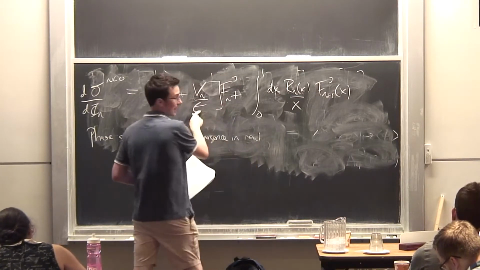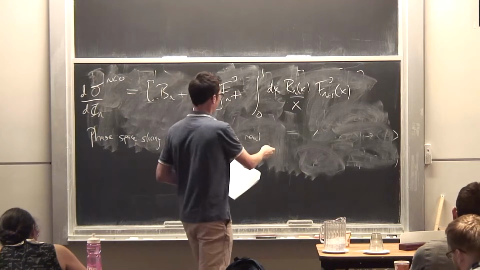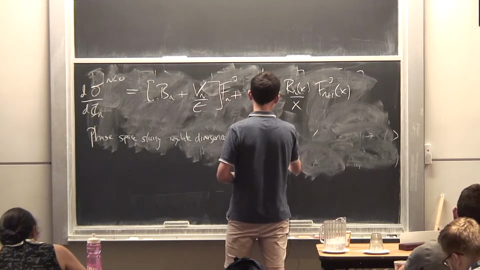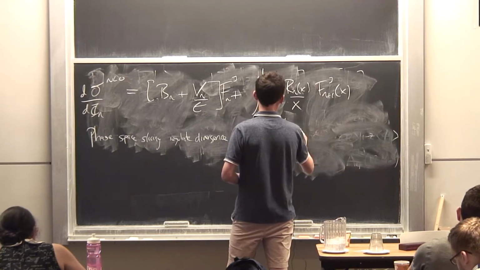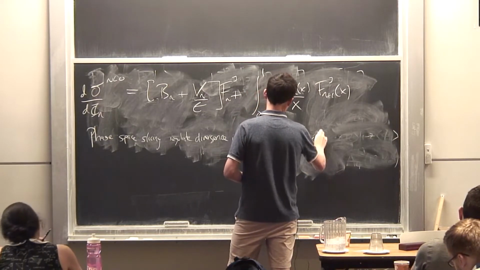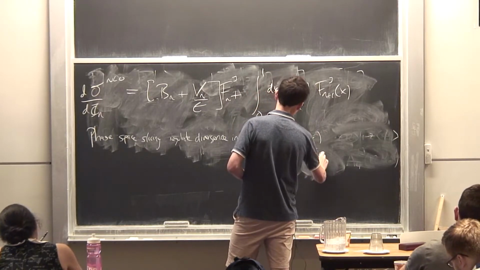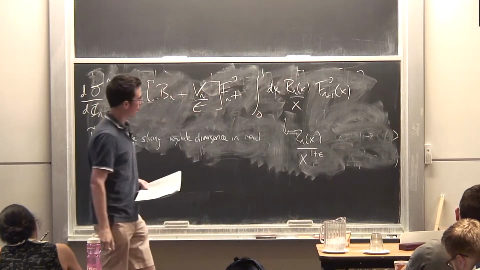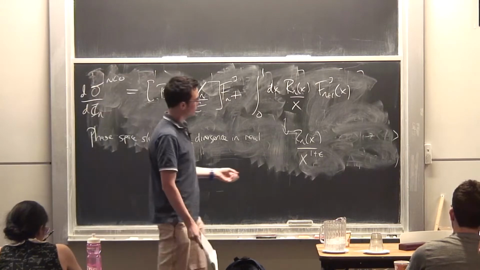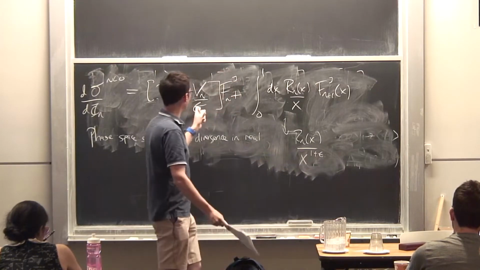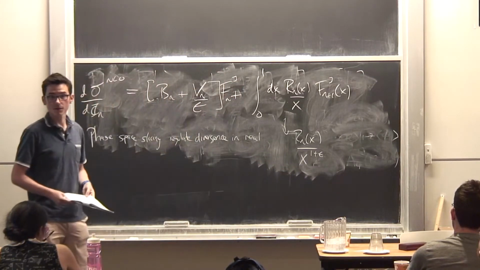And so I want to eventually cancel the pole in epsilon, so I better use epsilon as my regulating parameter here too. And so I just send this thing here goes to R_n over x, x^{1+epsilon}. Okay? Now, this thing is regulated, and my divergence will appear as I take epsilon to 0 in exactly the same way as it appears here when epsilon goes to 0.